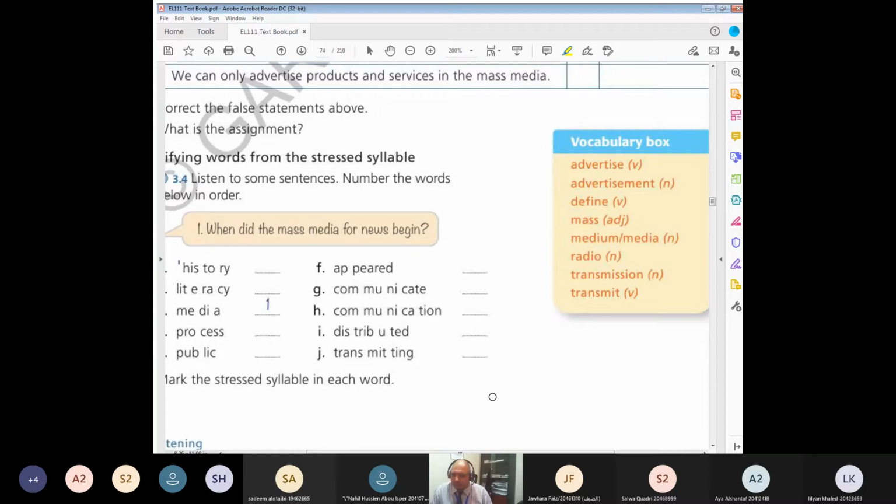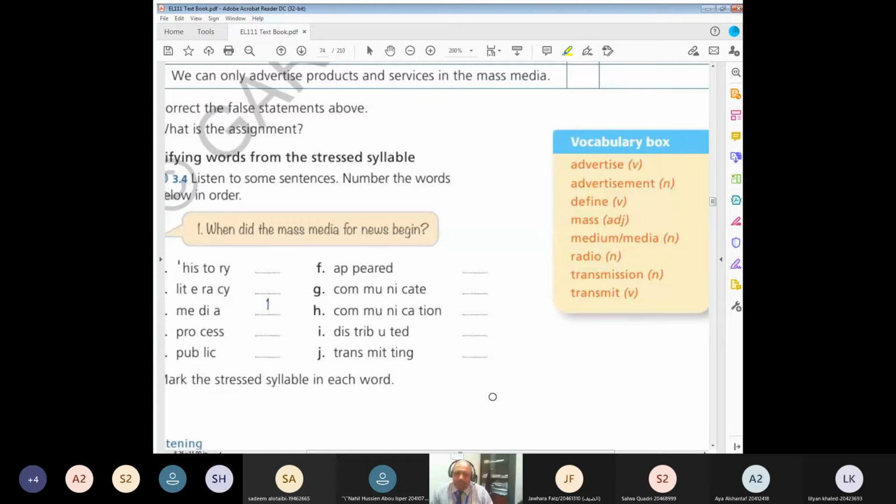And then you have radio, and you have medium and media. The word medium, generically, would mean a tool, a way of doing something. In order to communicate with you, I have a medium, which is obviously Teams, and also the language, the fact that we speak the same language. So the language can be a medium through which we connect together.